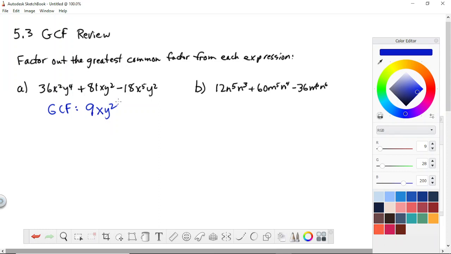So now that is the greatest common factor, and now we're supposed to factor that out. So we'll just write this down. 9xy squared factored out, and see what is left in the polynomial.